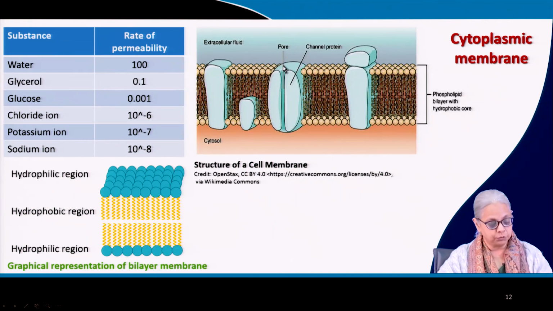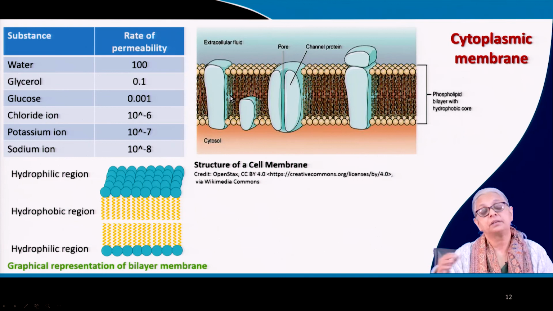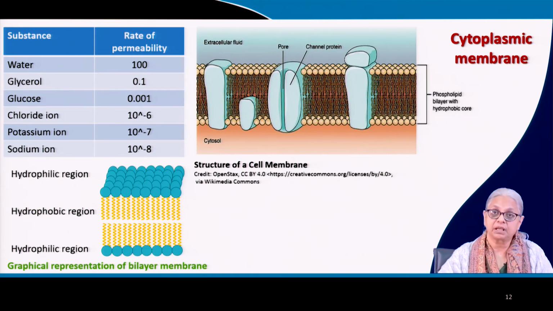So if you have just the phospholipid bilayer, if you have only that, then it's perfectly impermeable because nothing will get through. However, the cell needs to pick up nutrients and it needs to throw out waste. So it's doing it somehow. How is it doing it? It is because of this.